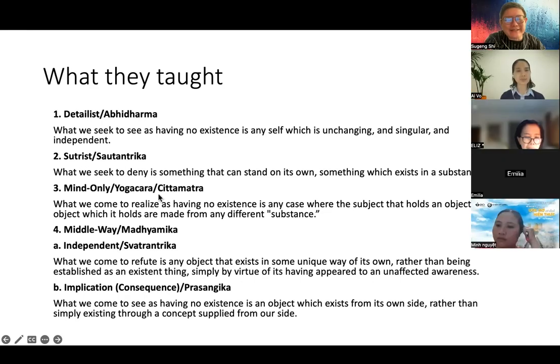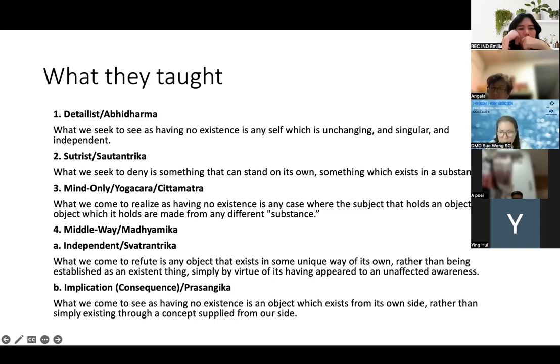The second school, something that can stand on its own and exist in substantial way, is like what? Like our hand, for example. We think that we have control of our hand. This is my hand, I can control. I can ask my hand to get something, to grab something. But what happens when we grow old?